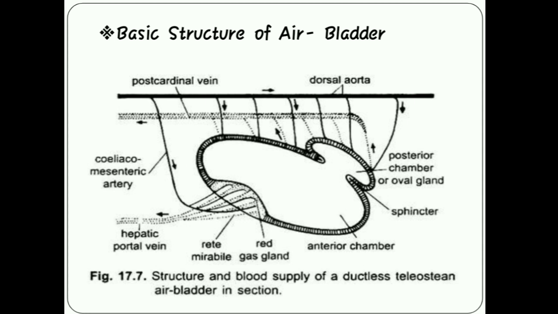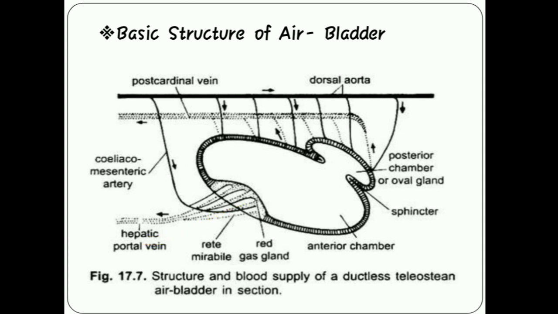Rete mirabilis is formed of many blood capillaries. They have arteries and veins. The coeliac mesenteric artery opens into the red glands with blood, and this blood is imparted into the hepatic portal vein.